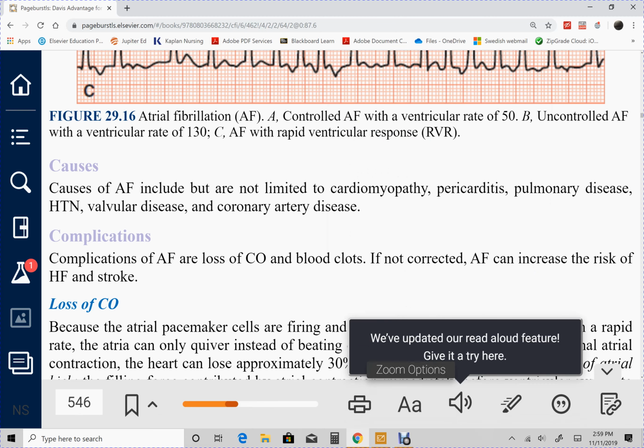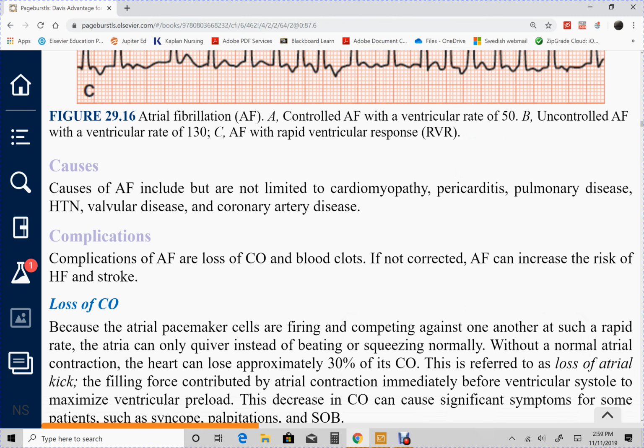This will lead to pleural effusion as well as cardiac tamponade. Pulmonary disease increases pulmonary hypertension, which will therefore cause right-sided heart failure. Valvular disease, we just finished last week, will also lead to heart failure and congestion.